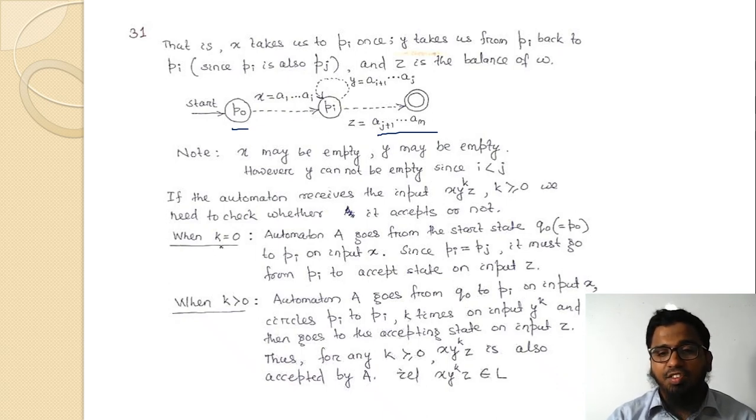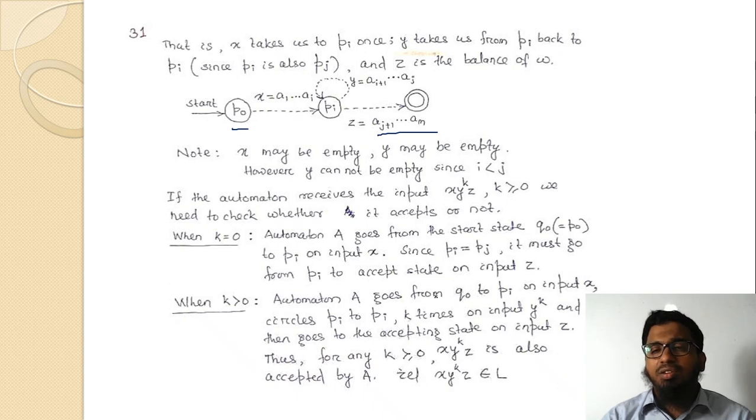When k is equal to 0, the automaton goes from the start state q0, which is p0, to pi on input x, such that pi is equal to pj. It must go from pi to an accept state on the input z.